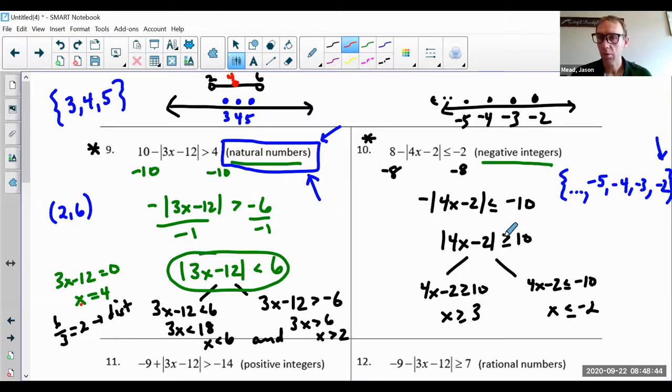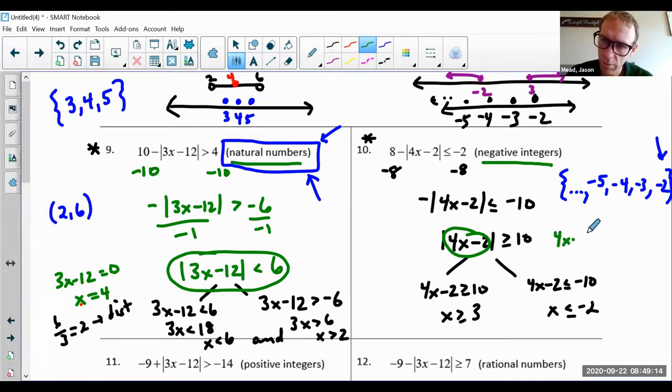Same thing here. If I graphed this, I never actually showed you what the graph of this would look like without the negative integer restriction, but it was negative infinity to negative 2 and 3 to infinity. Well, how do I figure out what that looks like geometrically? If I take 4x minus 2 and set it equal to 0, I get x equals 1/2.